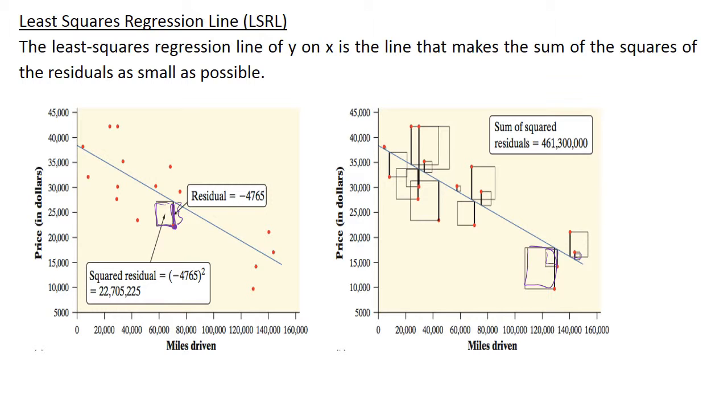To find it on your calculator, on the TI Nspire, when you're in your spreadsheet, you'll do the same thing that we've done many times before, where we press menu and go to statistics and choose stat calculations.